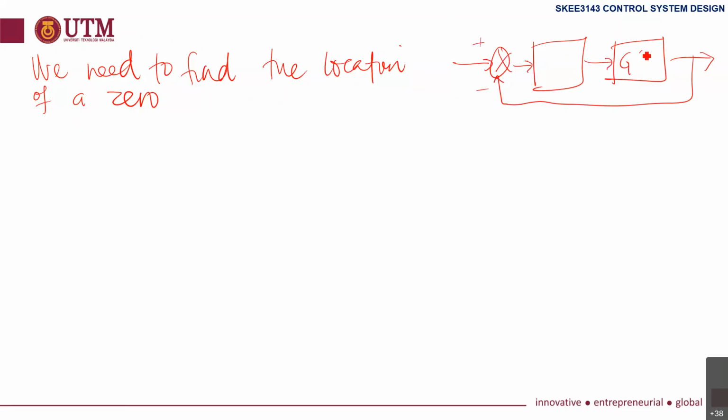This is the original system. We want to add G PD, in which G PD is K(s plus z). We want to find z, meaning that we add one zero into the system.